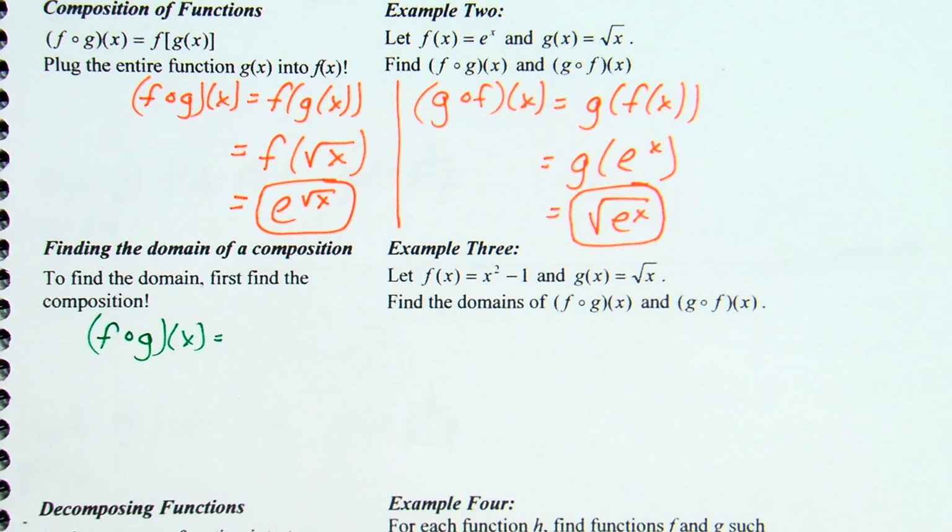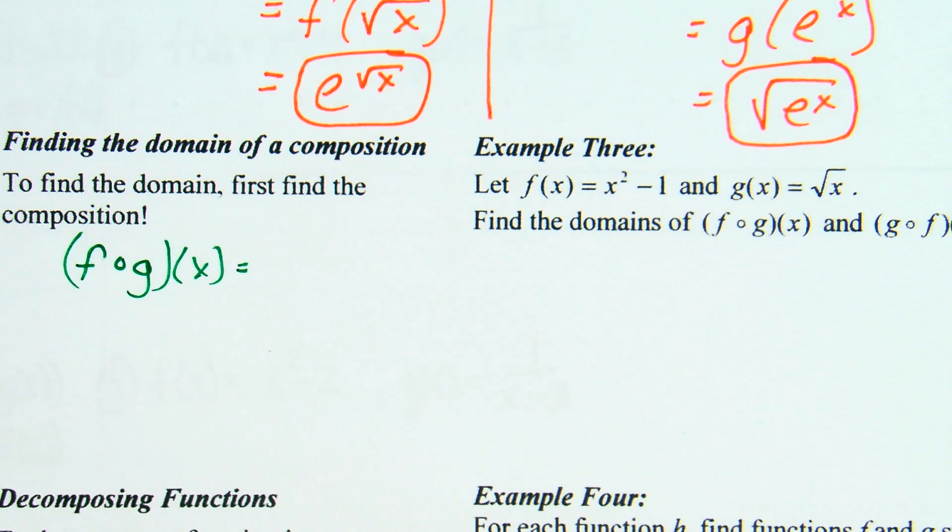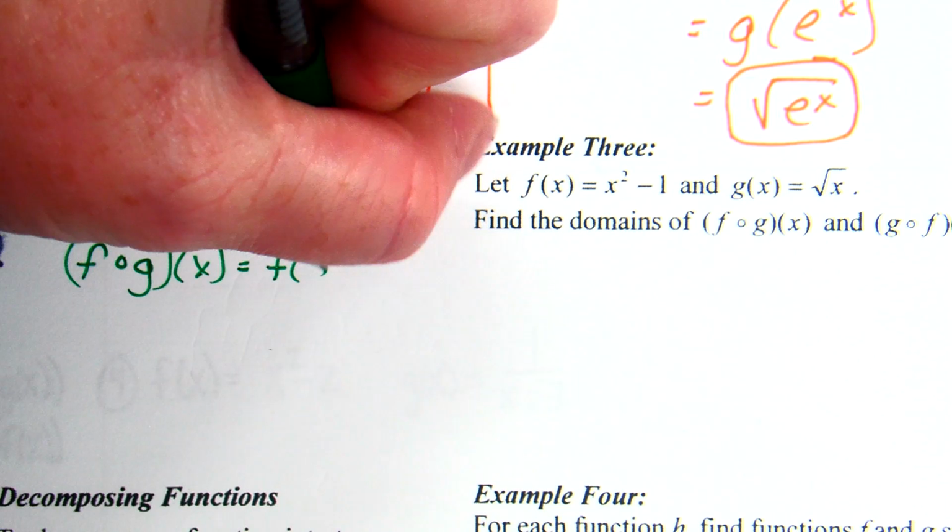Okay, help me out. F composed with g of x. What does that mean? We're putting what into what? Nobody?